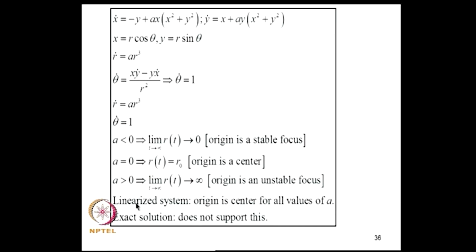Whereas the linearized system analysis showed that the origin is a center for all values of a. So, the exact solution does not support this observation. So, if you get a center as an answer to your question on stability, you cannot be decisive. What is advisable is to carry out a nonlinear analysis.